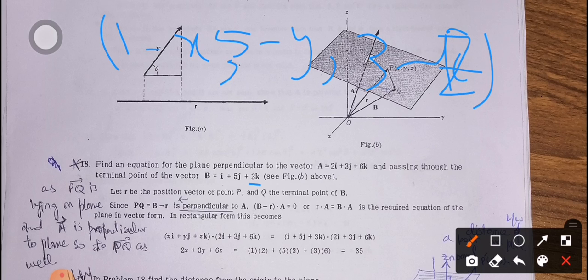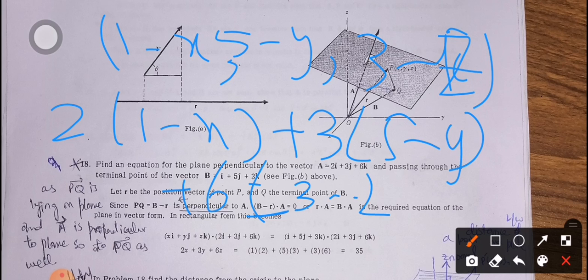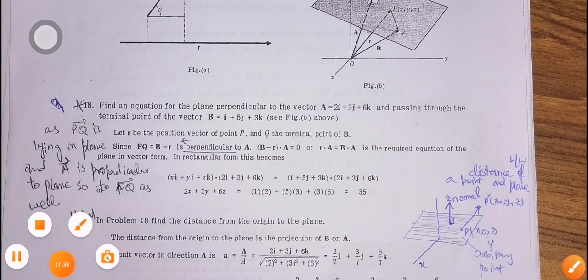Then we apply the dot product with A, and it must be 0. So the dot product with A is 2 into (1 minus x) plus 3 into (5 minus y) plus 6 into (3 minus z) is equal to 0. When you solve this, you will get the same equation, 2x plus 3y plus 6z is equal to 35, which is the required equation.